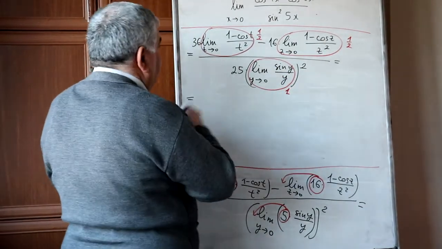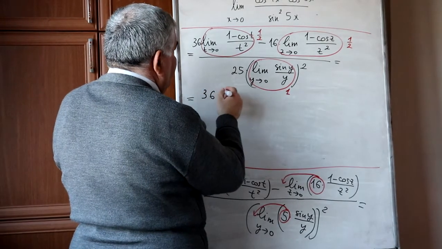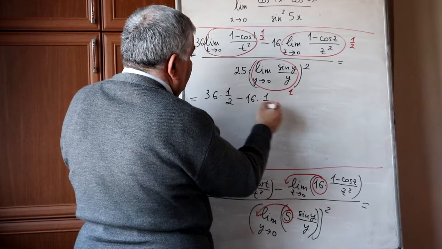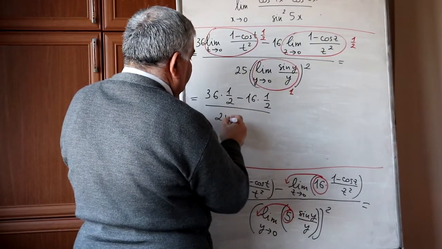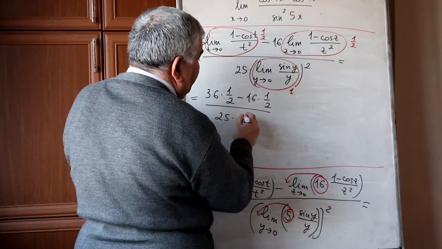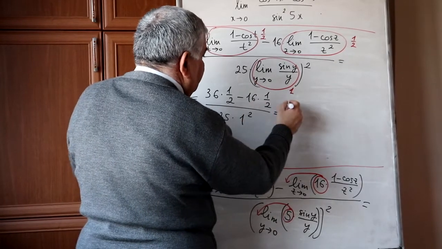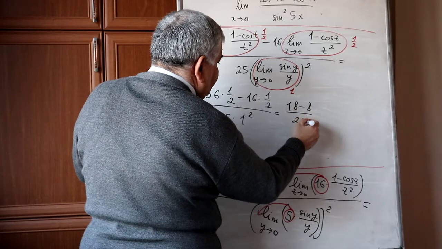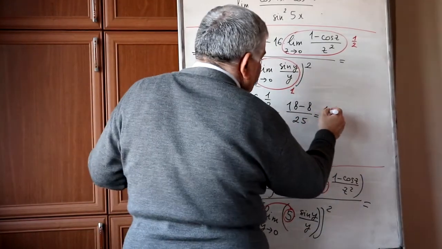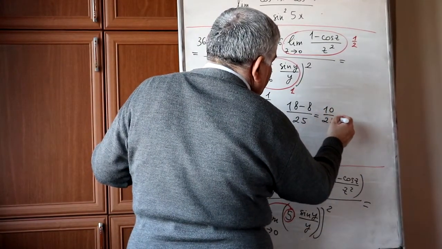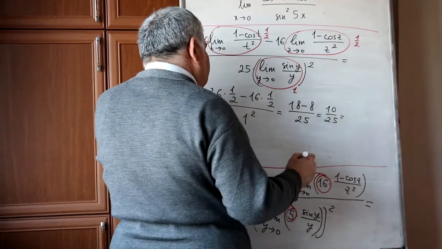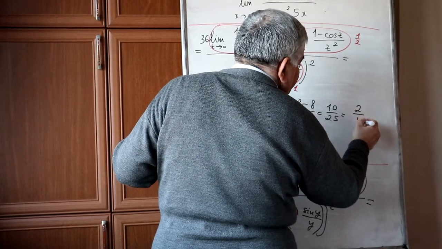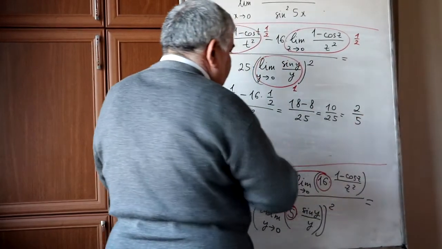Then we have 36 multiplied by 1 second minus 16 multiplied by 1 second, divided by 25 multiplied by 1 squared, equals 18 minus 8 divided by 25, that is 10 divided by 25, simplified by 5, and then we obtain 2/5. Our answer is 2/5.